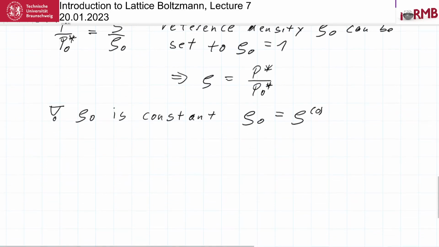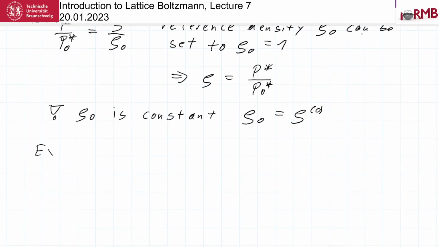So for example, suppose we have a tube, and in this tube we want to apply a pressure difference where we have a pressure P1 and a pressure P2. Now these are absolute pressures.